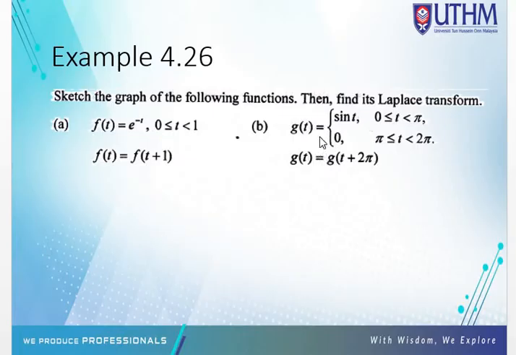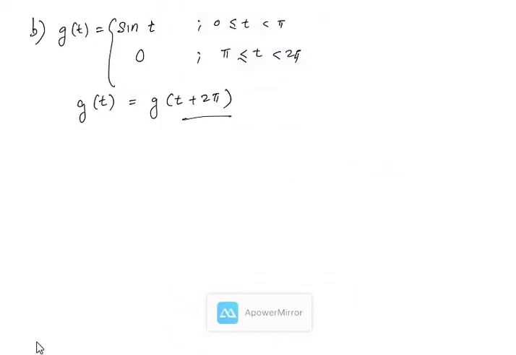The second question is g(t), and for 0 to pi there is sin t, and pi to 2 pi you have 0. So g(t) equal to g(t plus 2 pi), meaning that 2 pi equals 1 cycle.